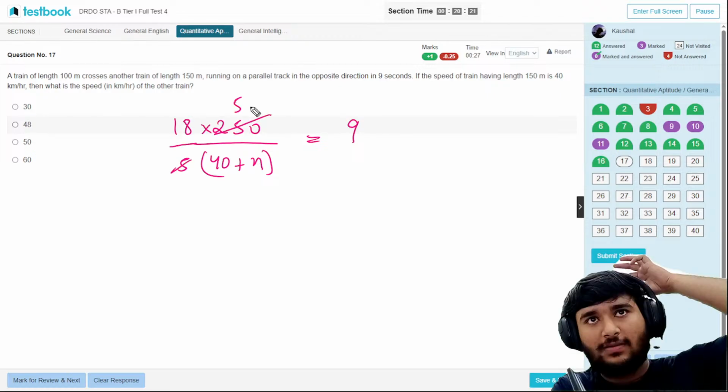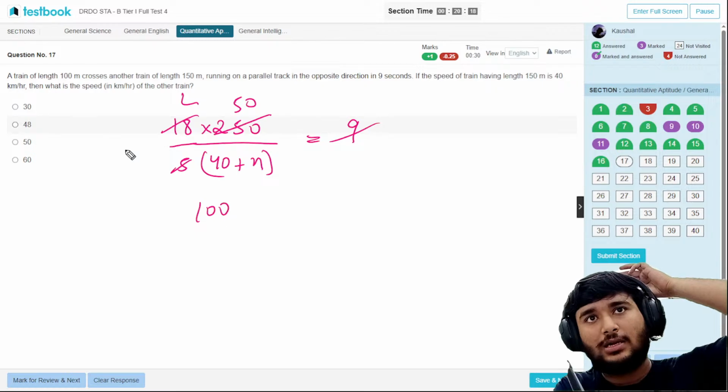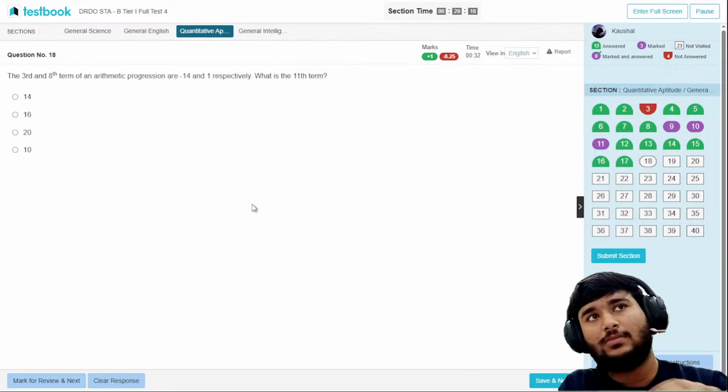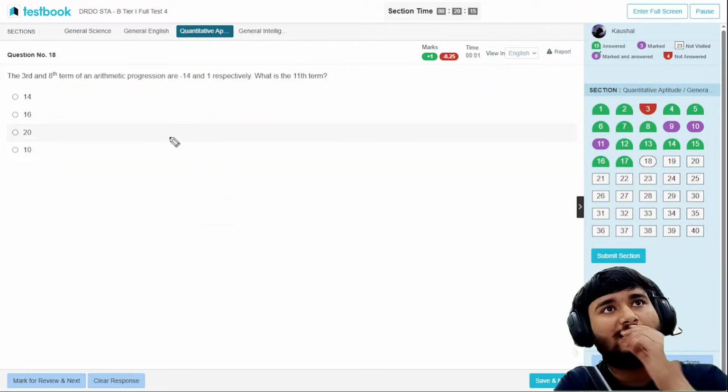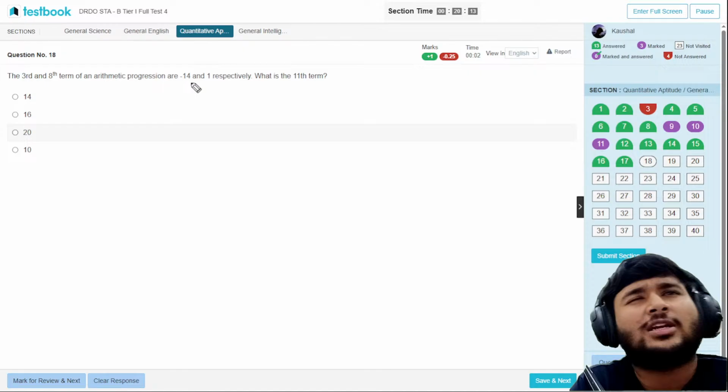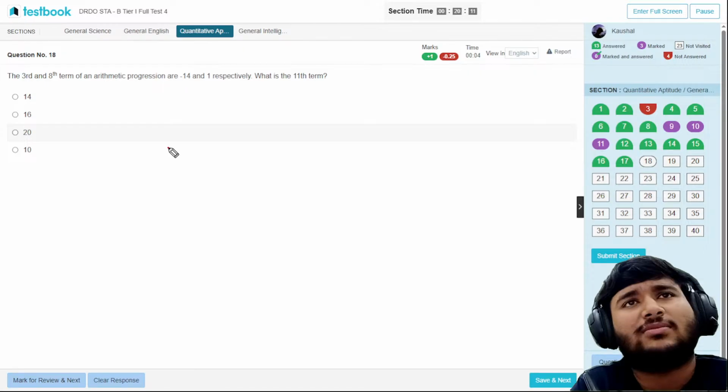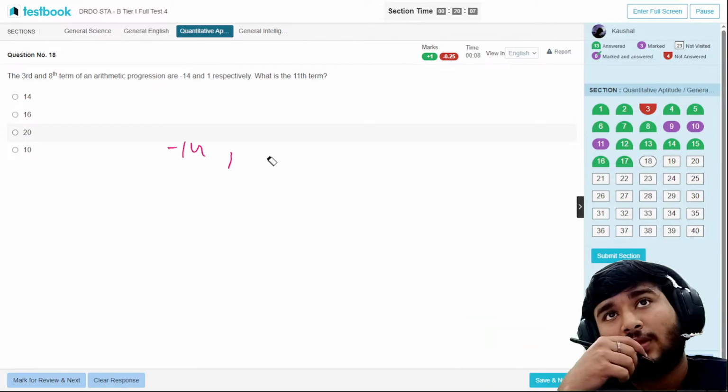550 by 9 is 100, 60 it becomes. The third and eighth terms of an arithmetic progression are minus 4 and 11. What is the 11th term?